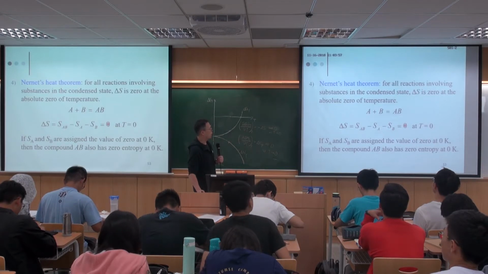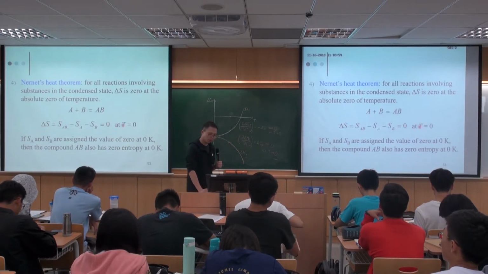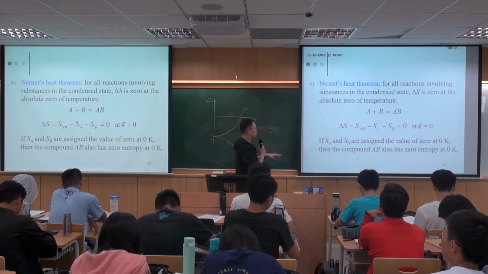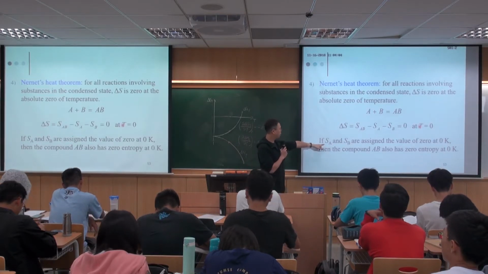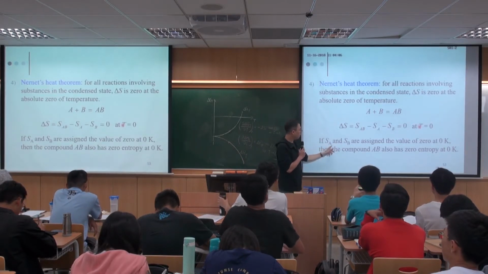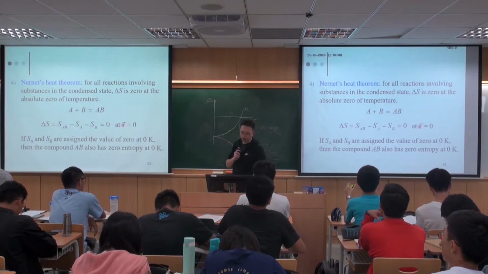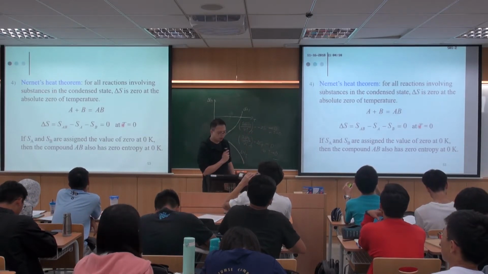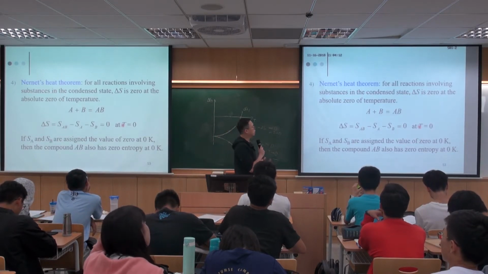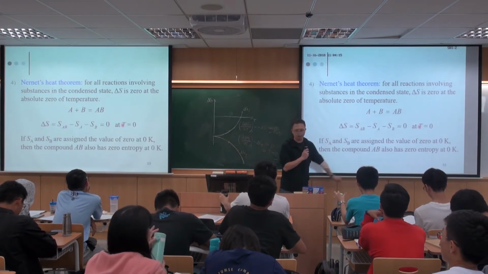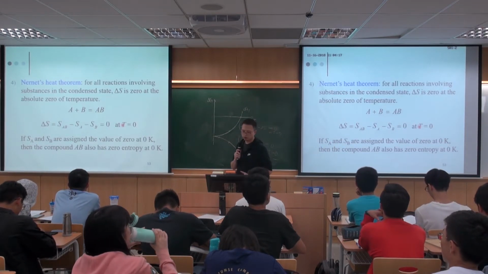And this will be 0 at t equals 0. So if you further assign, like we mentioned earlier, that for pure elements, Sn and Sb are in fact zeros, then you know that the entropy of the compound will also be 0.